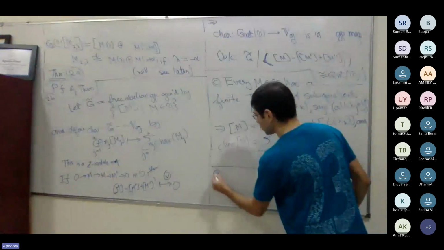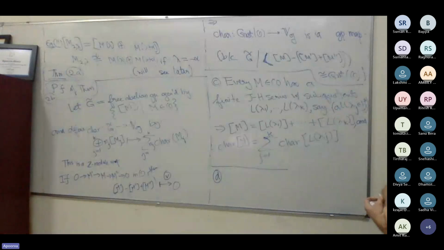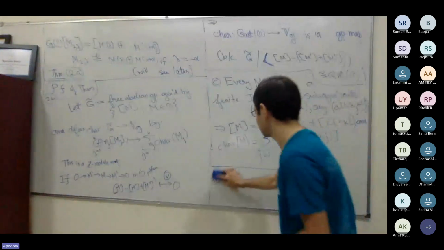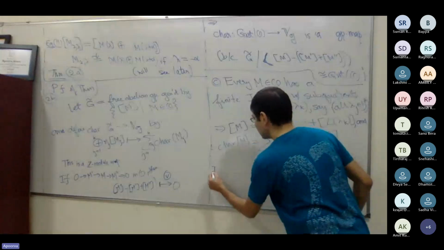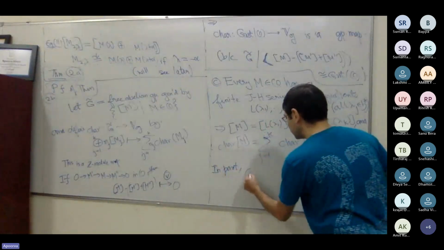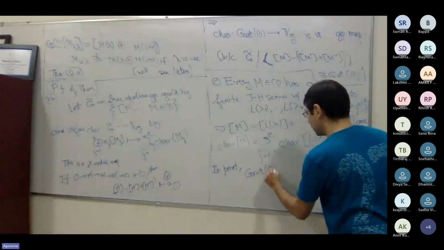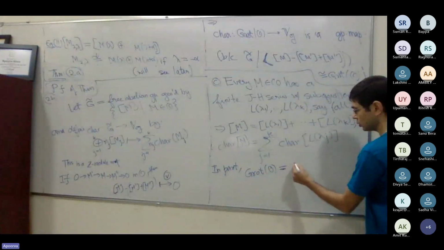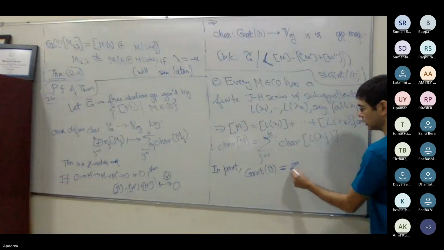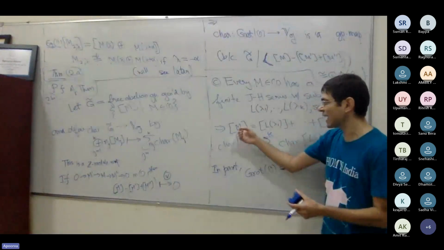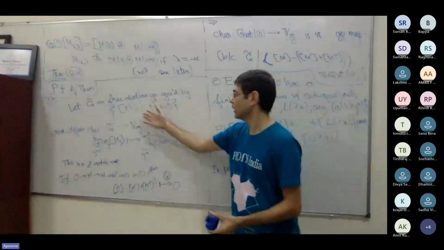Now let's talk about the one-to-one. Because of that, in particular, we have reduced that here. In particular, the Grothendieck group of O is equal to... it is generated by all of these.